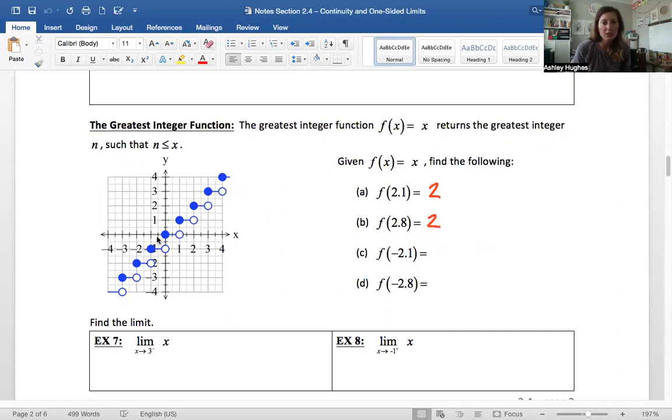Negative 2.1, we come over down to negative 2, come over here. Negative 2.1 would be here at negative 3. Negative 2.8 is also at this line, negative 3. So that's just kind of being the greatest integer.